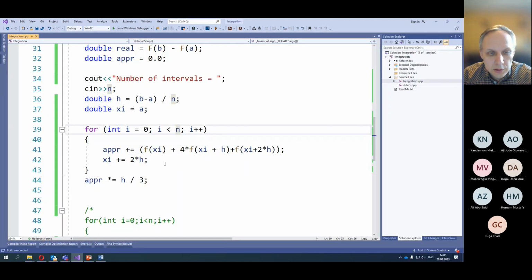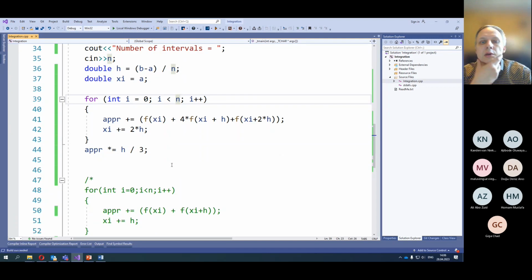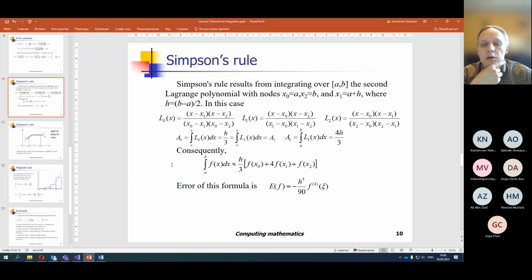Well, it works, but now it's not. I know where the mistake is. The mistake is here in my presentation on this slide.